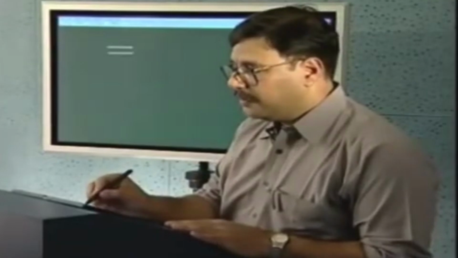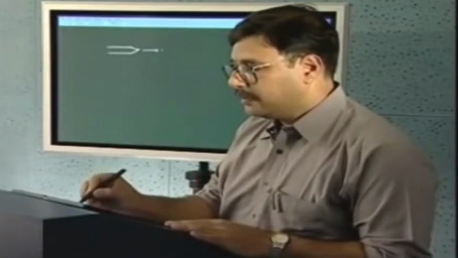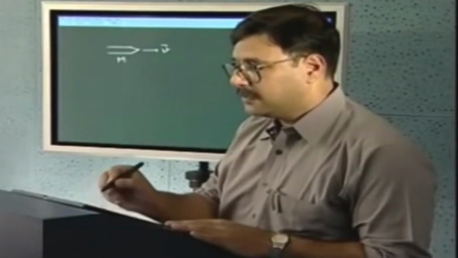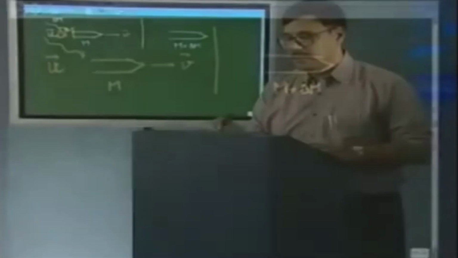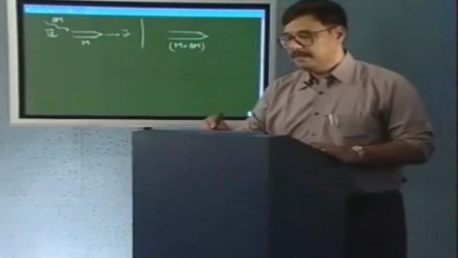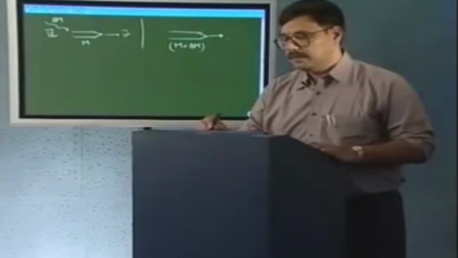Initially, the mass m is moving with velocity v, and a mass delta m is coming in with velocity u, and finally it becomes a system of mass m plus delta m moving with velocity v plus delta v.